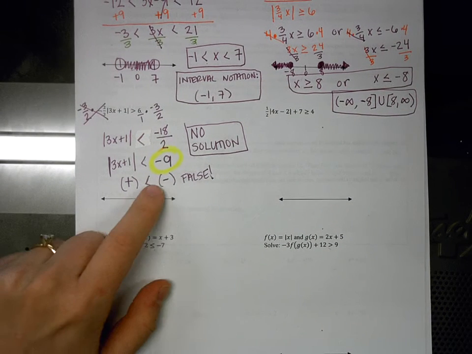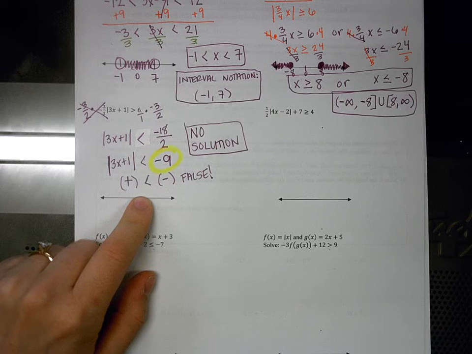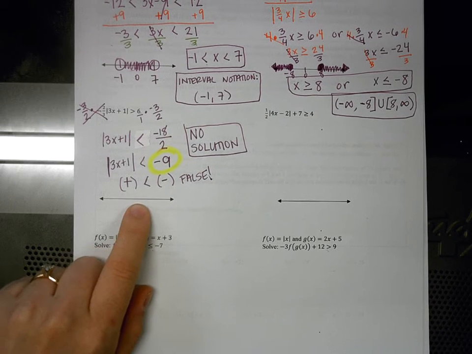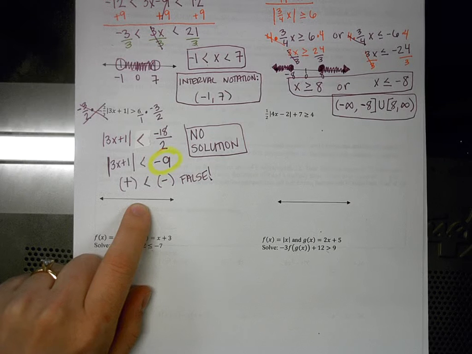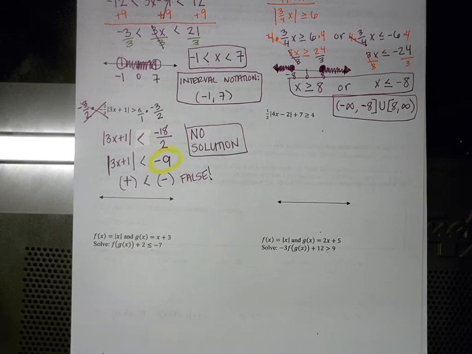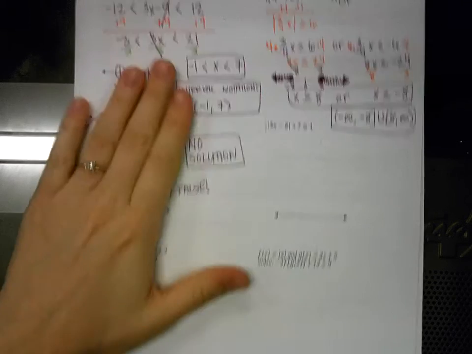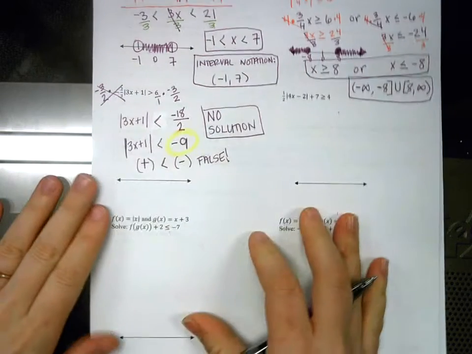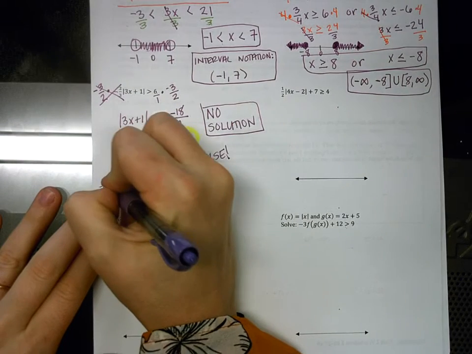Do I need to graph it on a number line? How do you graph something on a number line that you have no solution for? You cannot. We have to have a solution in order to plot it on a number line. But please go back up to the top. What do I do if there's no solution? Explain why. So we're going to write out a sentence.